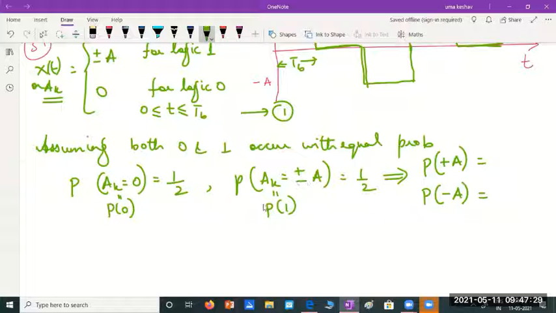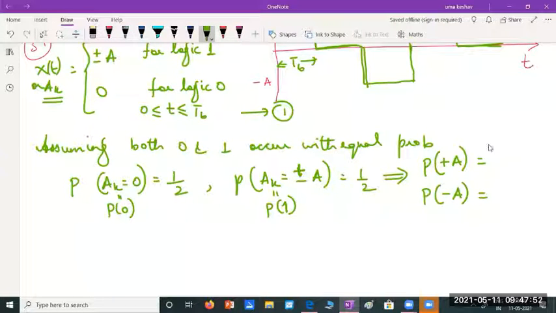See, the occurrence of zeros and ones are equiprobable, but one is represented with two voltage levels, plus A and minus A. So I will have to consider what is the probability that plus A occurs and what is the probability that minus A occurs.